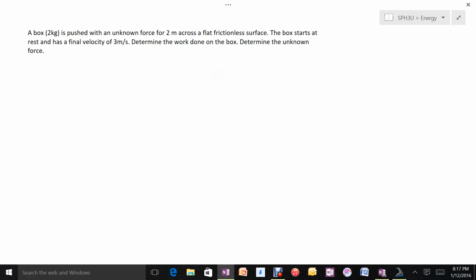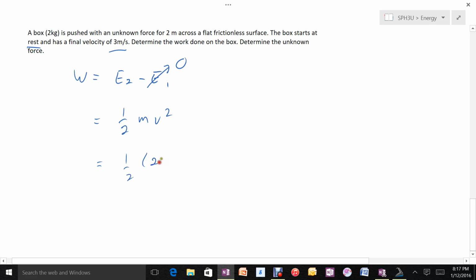Determine the unknown force. So this time, we don't know the force, so we're going to view work as the change in energy. It says the block starts from rest, so we're going to assume the initial energy is 0, and goes up to 3 meters per second, so in the final situation, it's going to have some kinetic energy. 2 kilogram box, final velocity of 3 meters per second, so I get 9 joules of work.